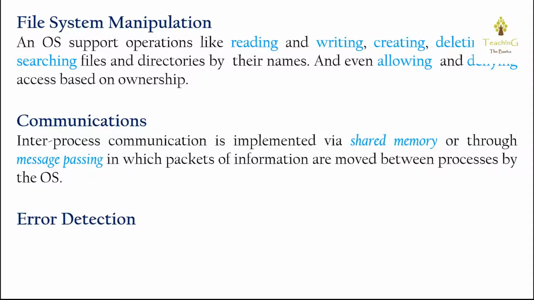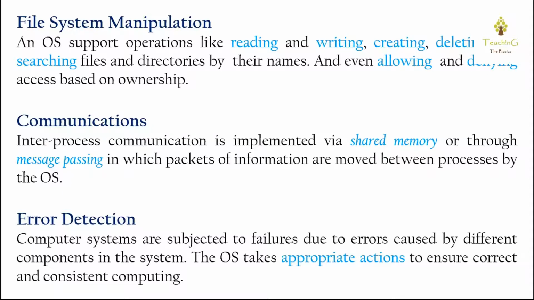And the last one is the error detection. Computer systems are subject to failures due to errors caused by different components in the system, and the operating system takes appropriate actions to ensure correct and consistent computing. So the operating system takes an appropriate action on the basis of which component may fail.